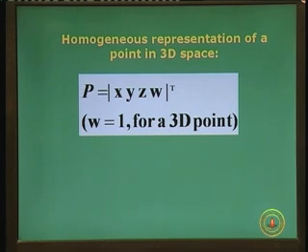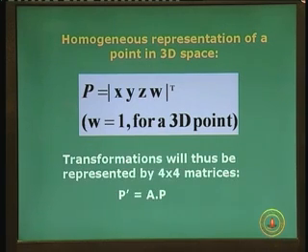Otherwise, you divide the first 3 by W, and you basically get back the actual coordinates from the homogeneous Cartesian coordinate representation. And P is a vertical vector, basically x, y, z, w transpose.